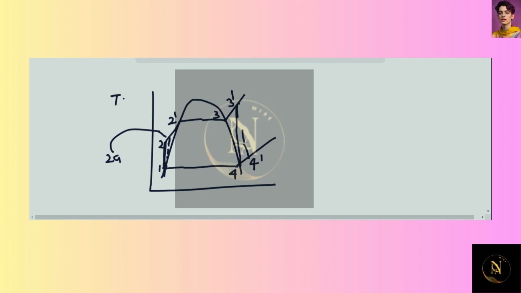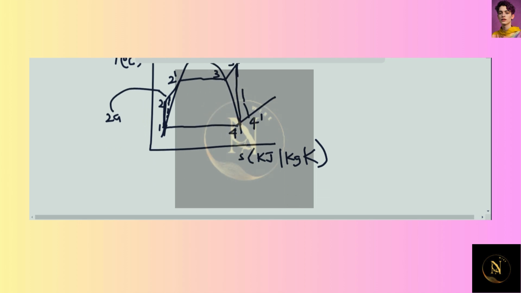This is temperature in degrees Celsius, this is entropy in kilojoule per kilogram per Kelvin.